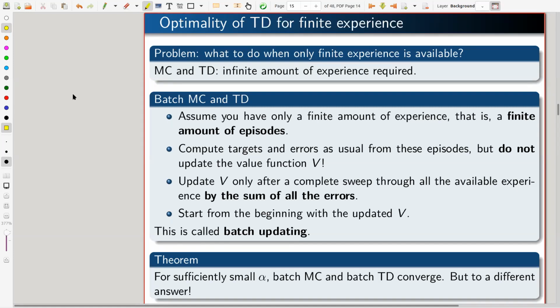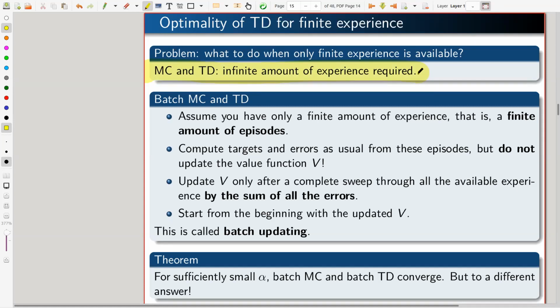I told you that there is this open problem of whether temporal difference is or isn't better than Monte Carlo. This is an open problem for the usual setting, that is the setting where you use infinite experience for making the estimates. In general, both methods require that you have an infinite amount of experience.